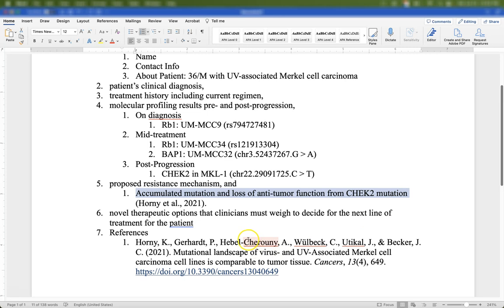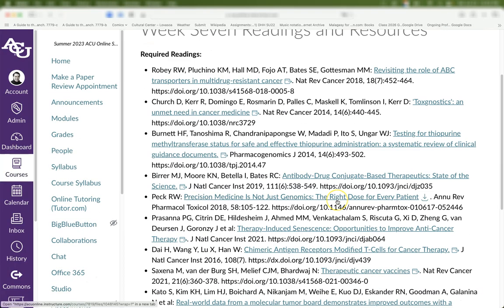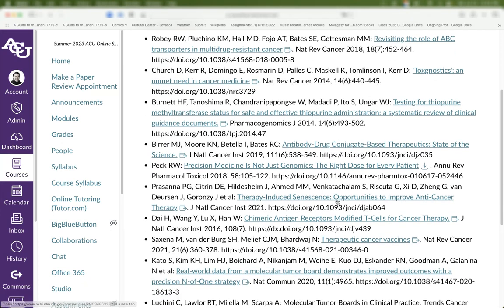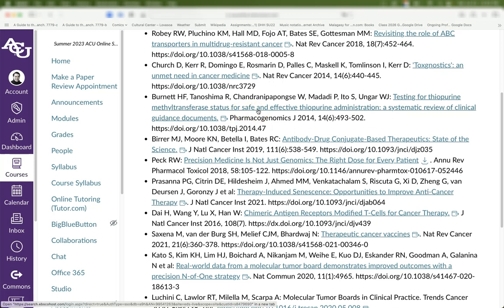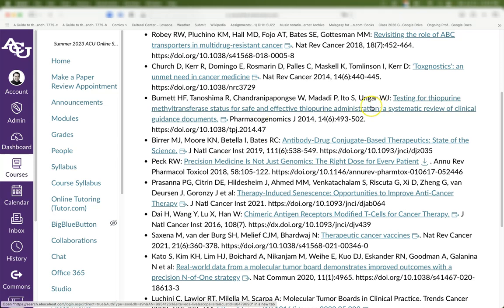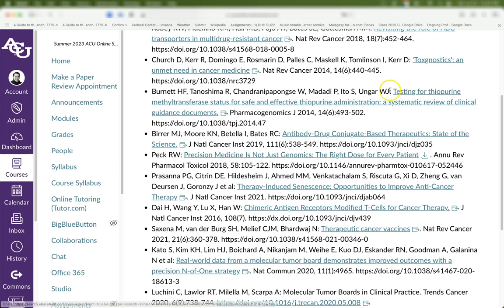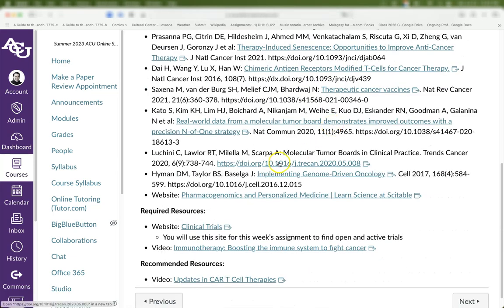Now, do make sure to take a look at the reading for this week. There is, as you can see, a substantial number of articles that you can draw on that are talking about precision medicine and some specific instances of targets. So we have the thiopurine methyltransferase administration there. We have a discussion about molecular tumor boards if you're still wondering what to include.